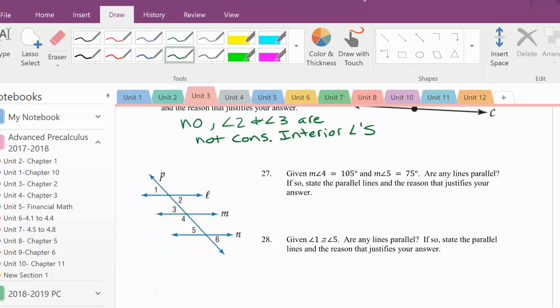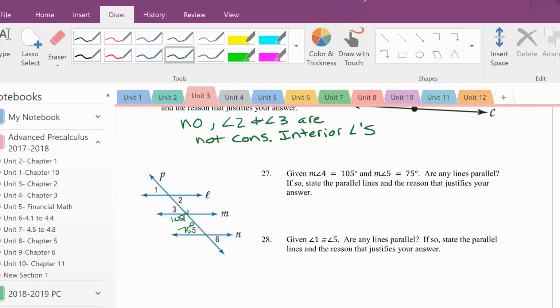Number 27 says that angle 4 is 105 and angle 5 is 75. And it says, are any lines parallel?